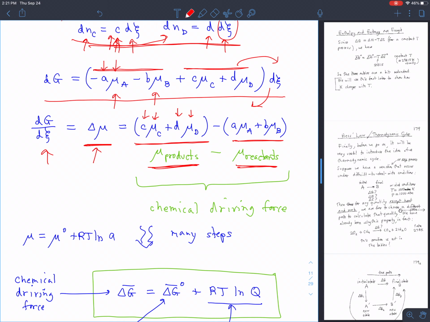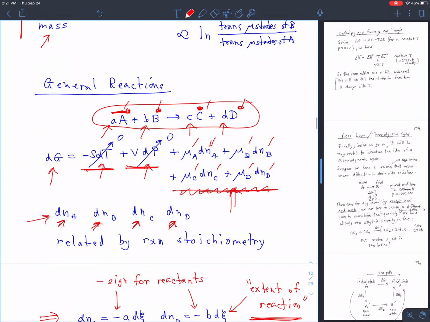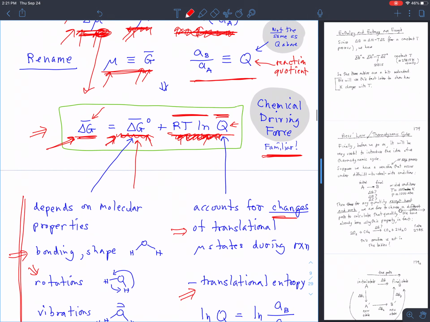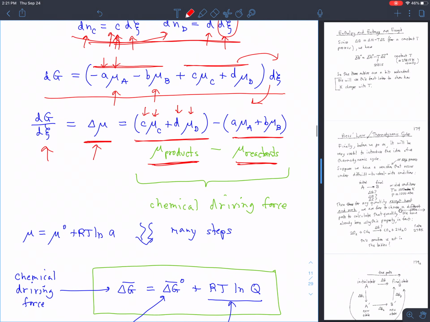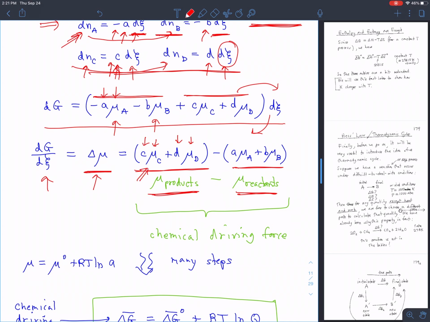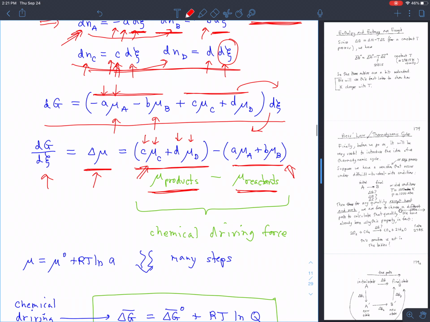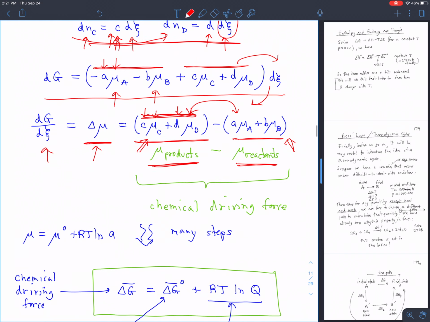And so the only thing that's changed between this more complicated chemical reaction up here and our simple chemical reaction that just had one reactant and one product is that we've defined what it means to talk about the chemical potential for the whole set of products at once, not just one product, and likewise for the reactants. And so it really is still just a difference in the chemical potential for the products minus the chemical potential for the reactants, with this slight complication that we have to take all the products and weight all the chemical potentials by their stoichiometric coefficients.